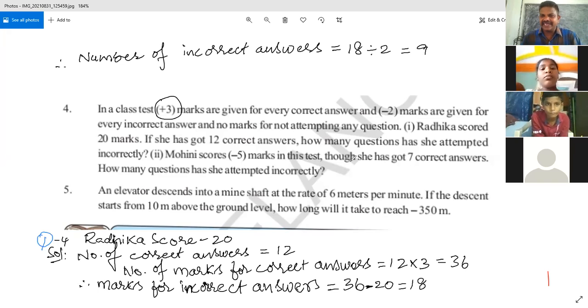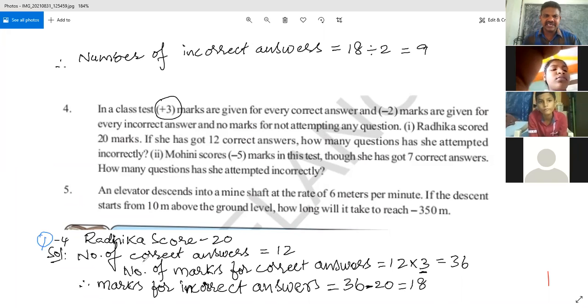If each correct answer gets 3 marks, 12 into 3, 36 marks she should get.